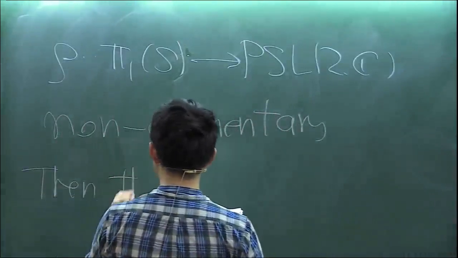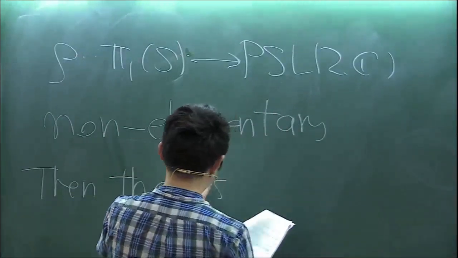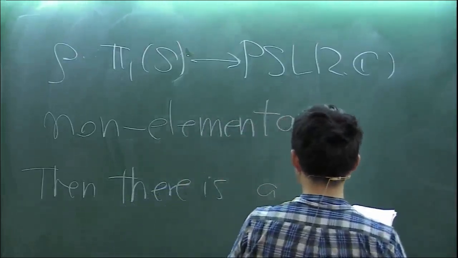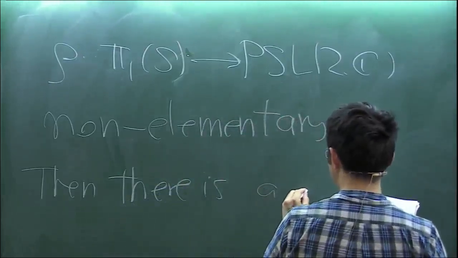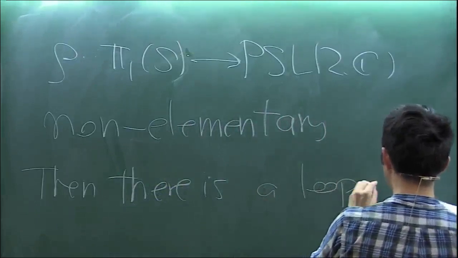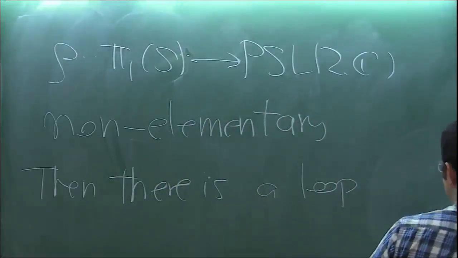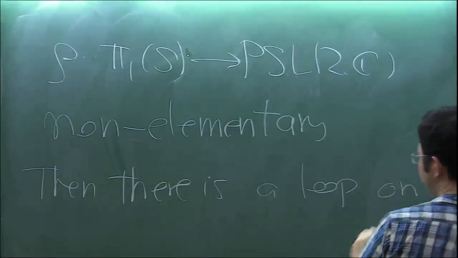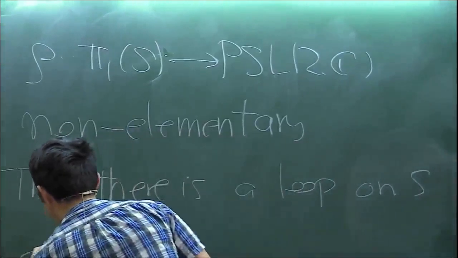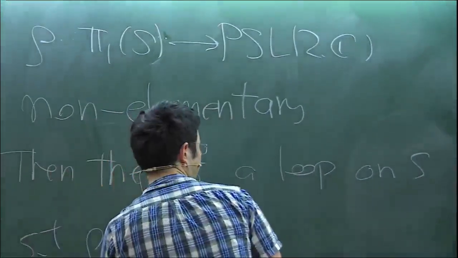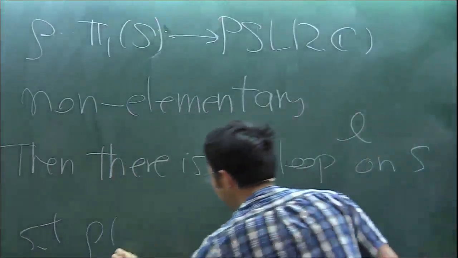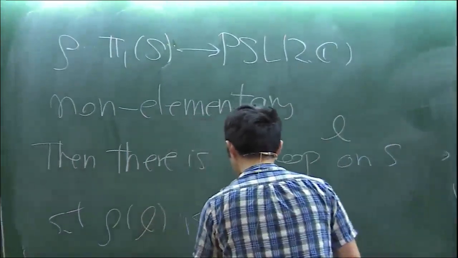Then there is a loop in S such that rho of the loop is hyperbolic.